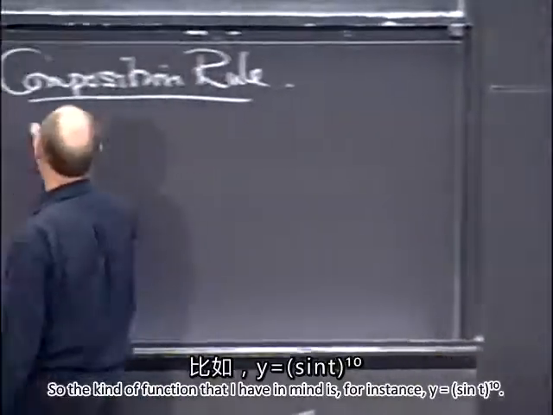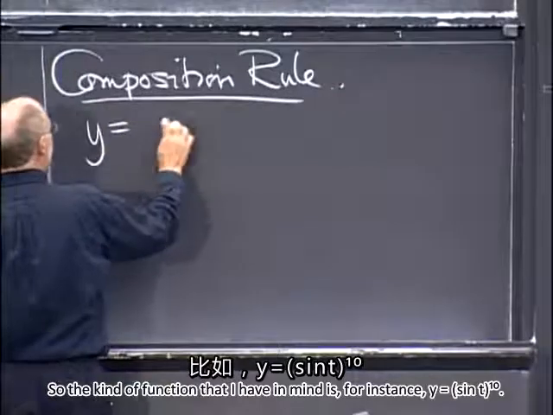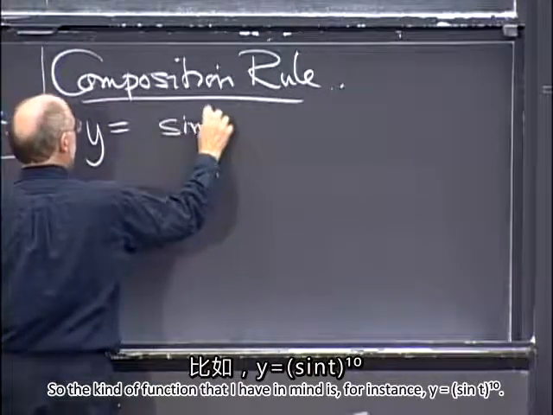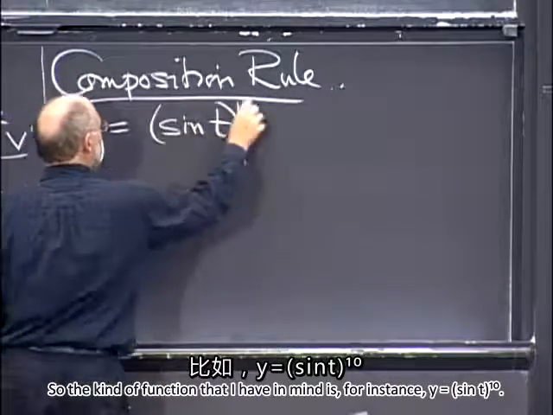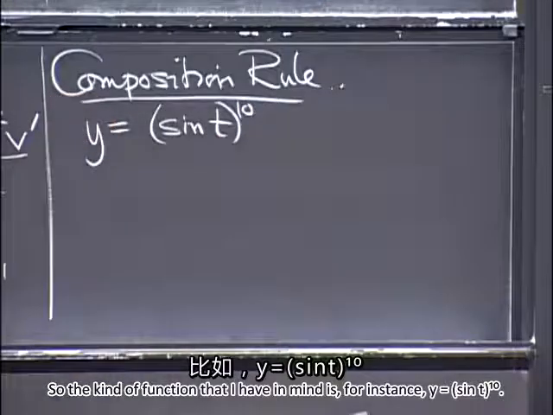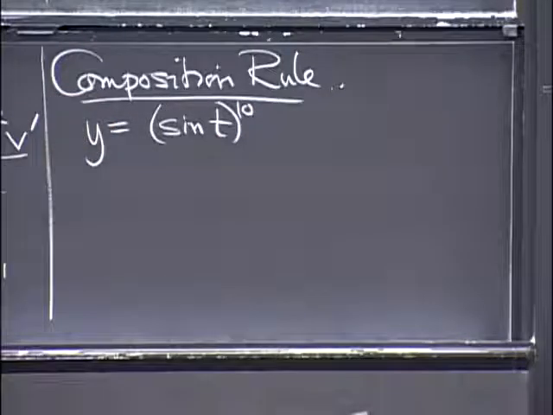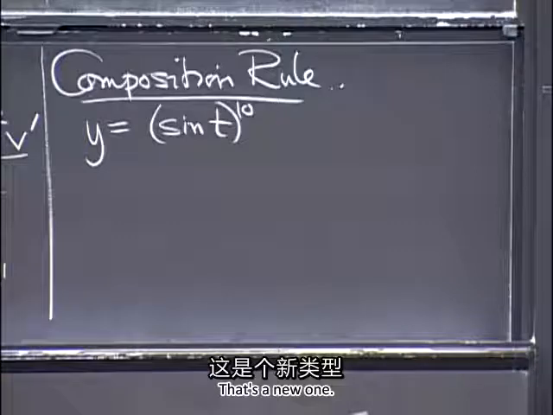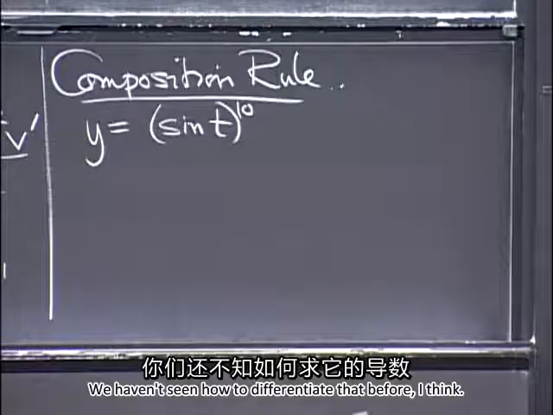So the kind of function that I have in mind is, for instance, y is the sine of t raised to the 10th power. That's a new one. Haven't seen how to differentiate that before, I think.